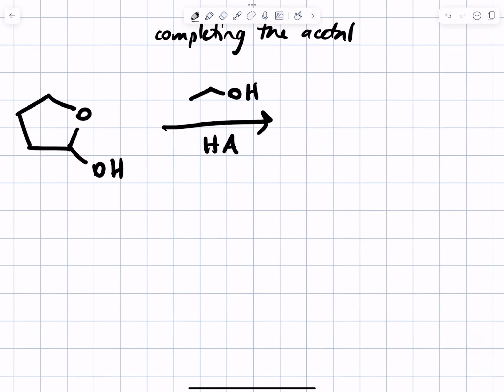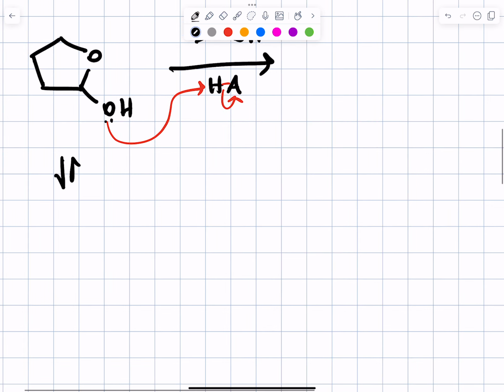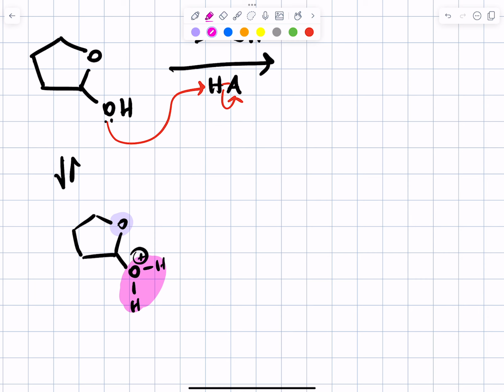the acetal? And the way you do that, based on the mechanism we just showed you, is the OH group removes a proton from the acid that converts it into a good leaving group. Then the OR group in the ring becomes the kicker-offer. And that's going to give you the oxonium ion.